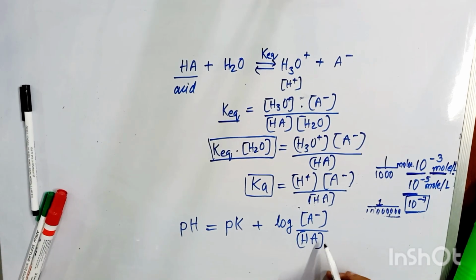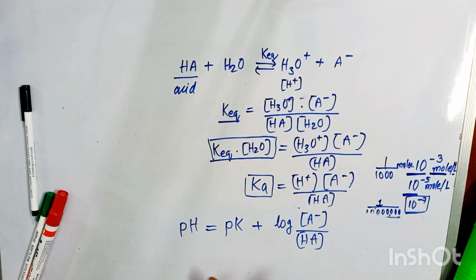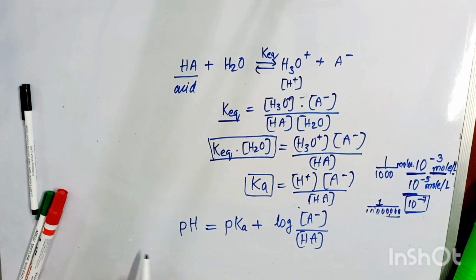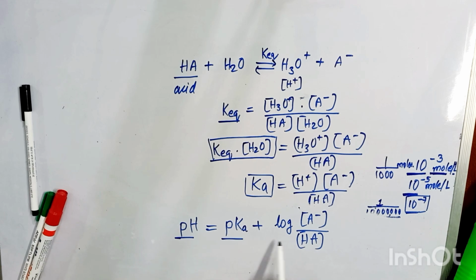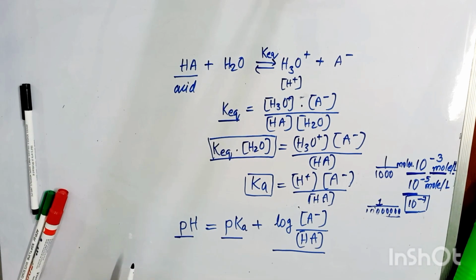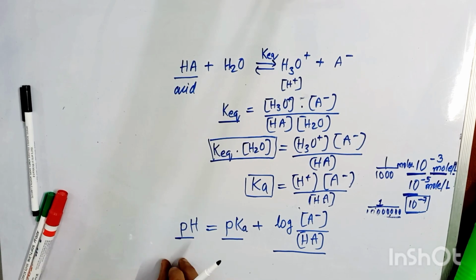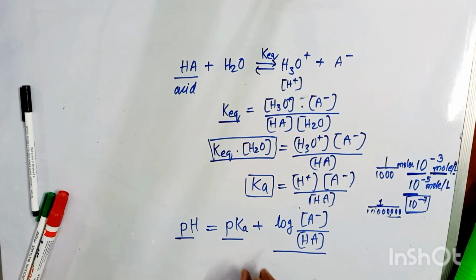How we derive this equation, I will come to later, but this is called the Henderson-Hasselbalch equation. pH is the pKa plus log of A minus by HA. You can say pH is equal to pK plus log of A by HA. A by HA, just to remember it.